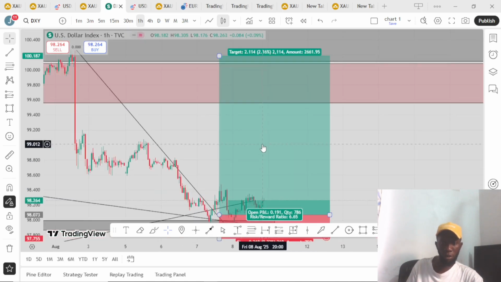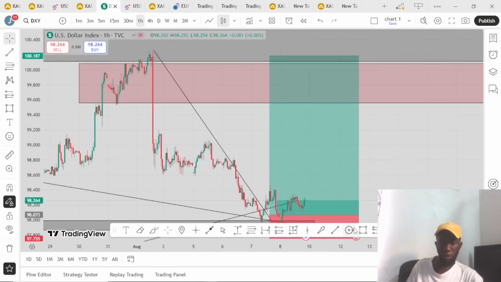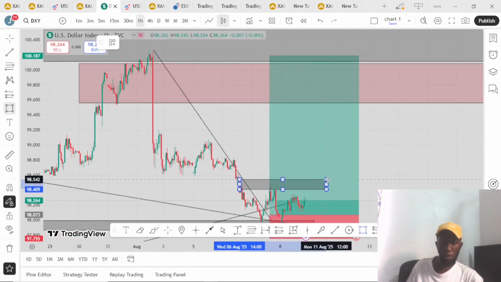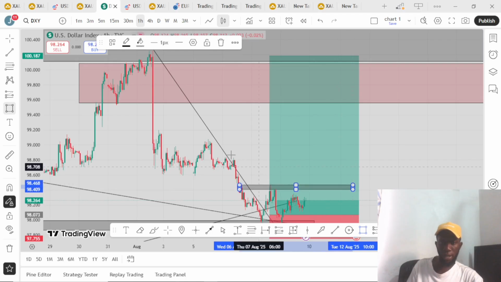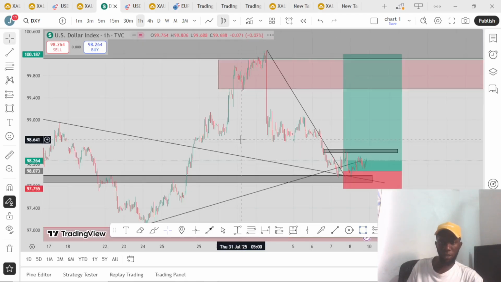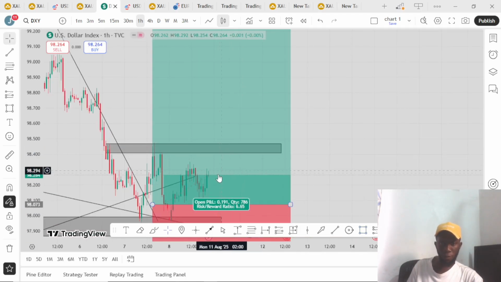So based on this, since we know the DXY is consolidating, it means that even gold, until the DXY is out of this range, this is when we say that there's a massive move that will begin.